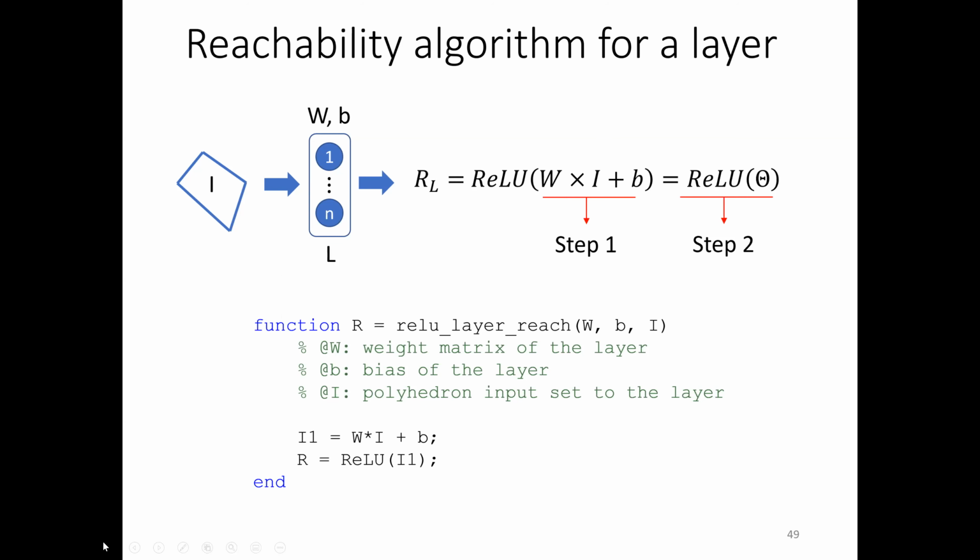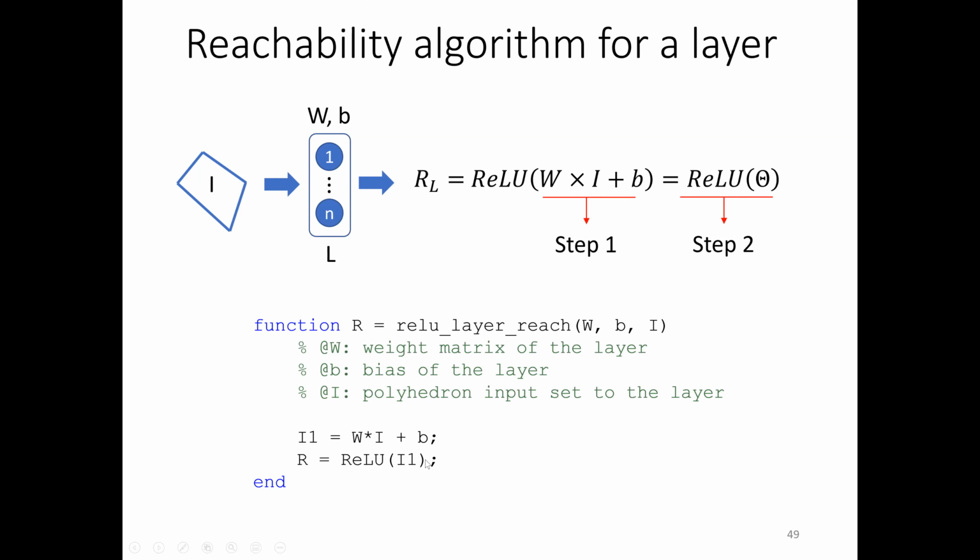So the code for the reachability analysis for a ReLU layer is very simple. We have the weight matrix and the bias vector of the layer as inputs, and I is the polyhedron input set to the layer, okay? And then you just do the first step, affine mapping, and then you do R equal to ReLU of the result of the affine mapping step, okay?